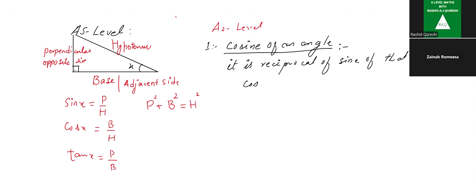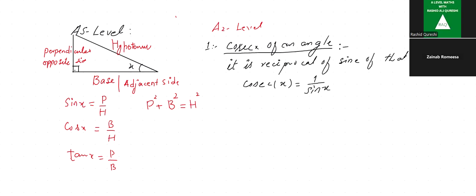Cosine of an angle, very sorry, that is called cosecant, not cosine. That is called cosecant. And cosecant, C-O-S-E-C, is the abbreviation of the word cosecant. Cosecant of an angle is equal to the reciprocal of sine of that angle. That's the concept.